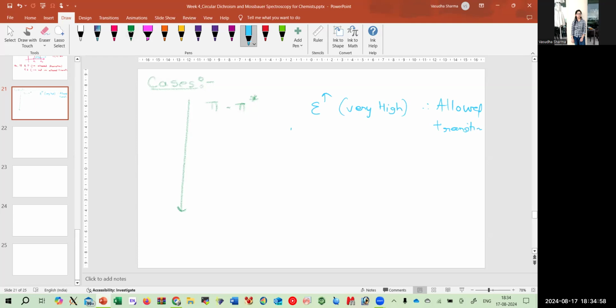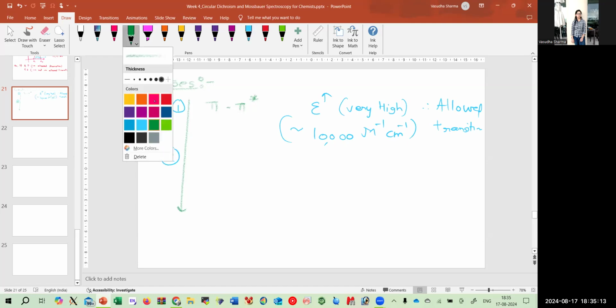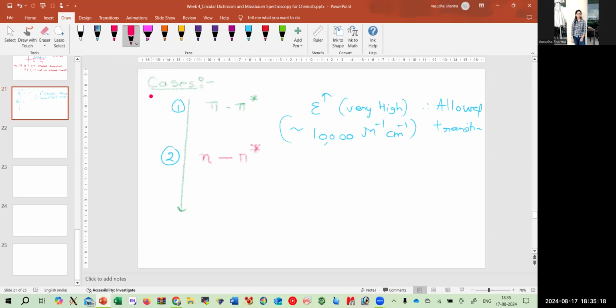Its range is approximately 10,000 molar inverse centimeter inverse. Followed by n to pi star, where epsilon is low, in the region of 5,000 to 10,000 molar inverse centimeter inverse.